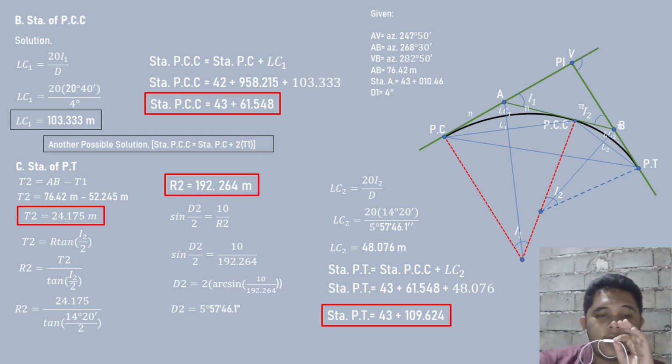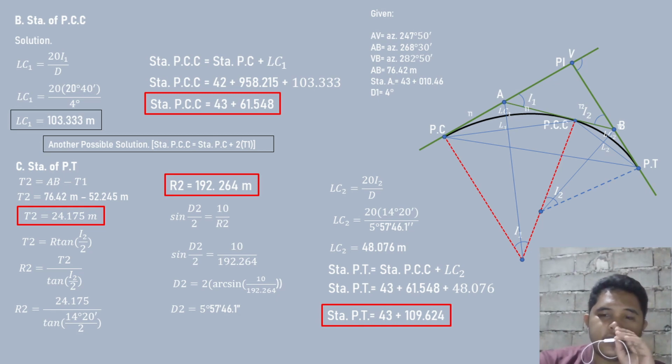But since we are still using the length of curve, we will utilize that formula, since it has more given values, which are I1 and D. We input the values, and LC1 is equal to 20 times 20 degrees 40 minutes all over 4 degrees. So LC1, therefore, is equal to 103.333 meters.